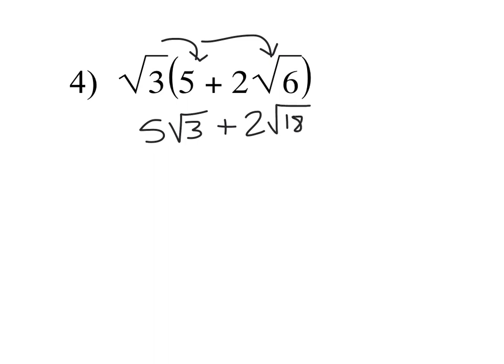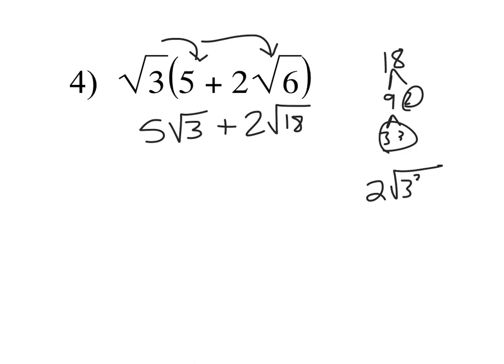Now 3 we can't break down, but 18 we can: 9 and 2, and then 3 and 3. So I have 2 times the square root of 3 squared times 2, and the 3 is going to come out. These are skills we learned when breaking down roots.